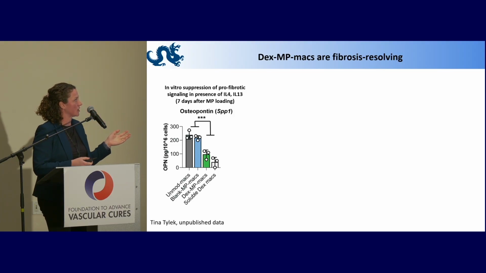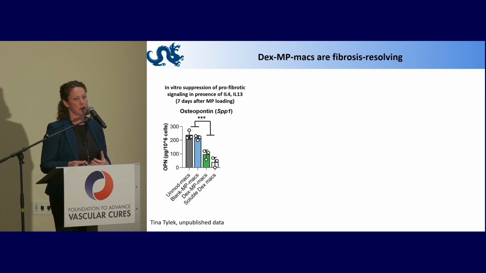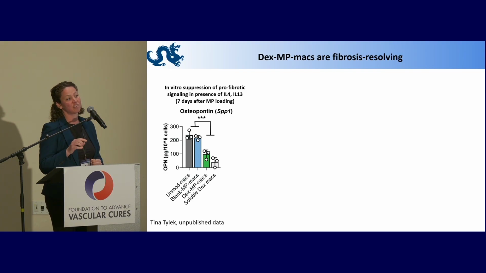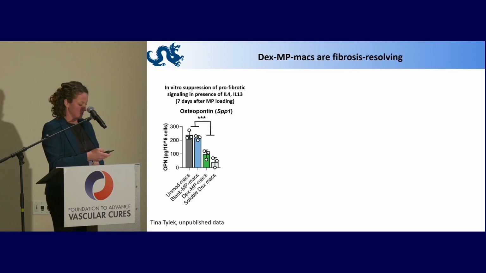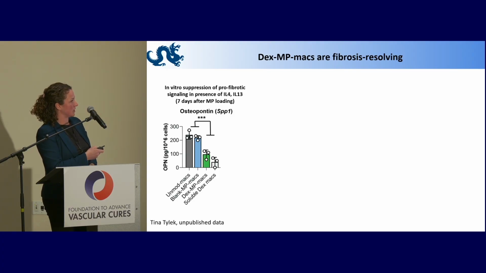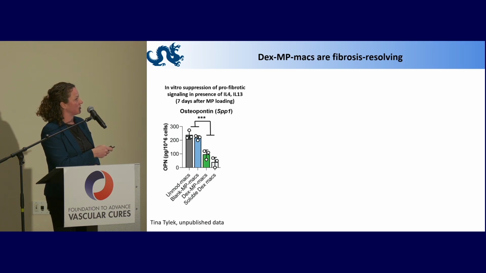And they did. One of the major proteins secreted by macrophages in fibrosis is actually not TGF-beta, but osteopontin, encoded by the SPP1 gene. And here you can see that macrophages that contained the microparticles dramatically suppressed osteopontin signaling almost as much as macrophages that were in continuous dexamethasone the whole time.